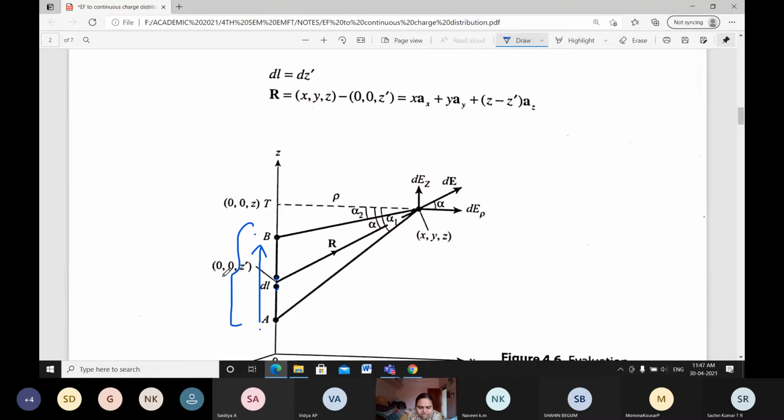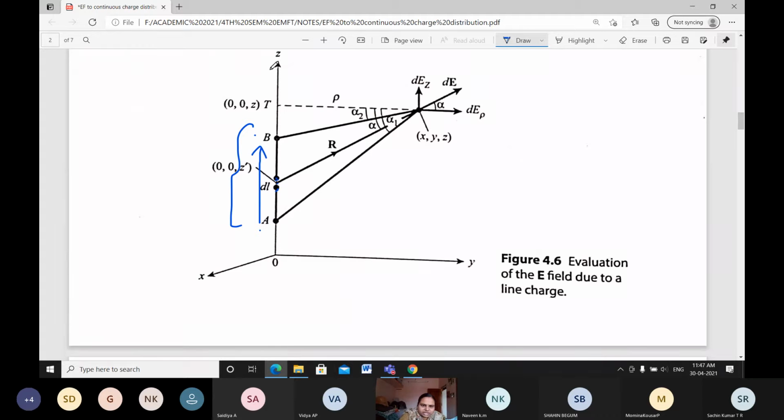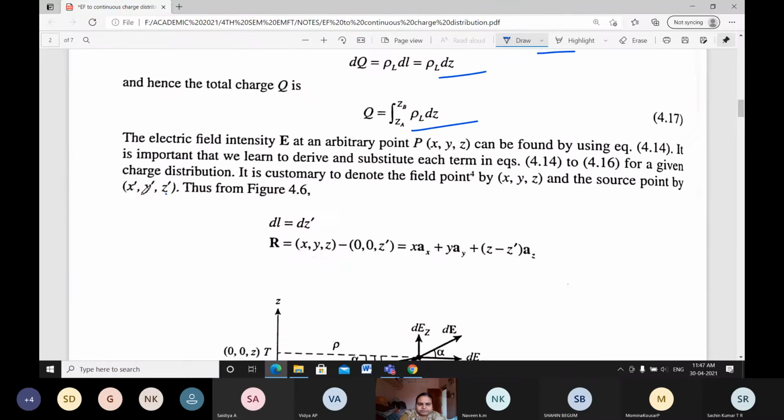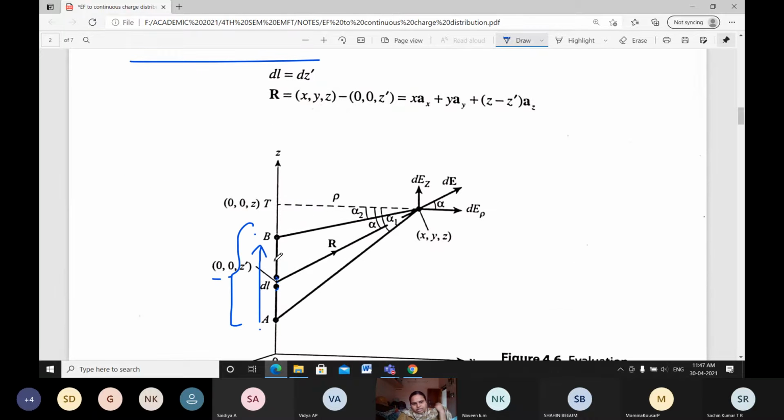Observe that it is only varying with respect to the z direction. For that reason, the values of x and y are 0, so we get 0, 0, comma z dash. Then instead of dl, what can I write now? It is varying only in z dash, so dl is equal to dz dash.